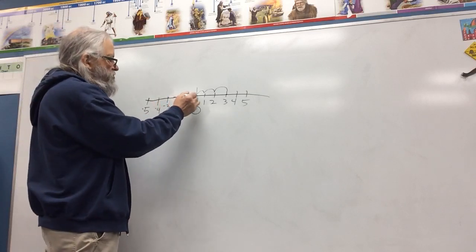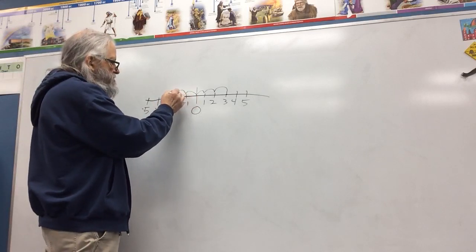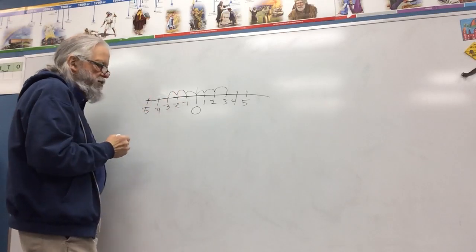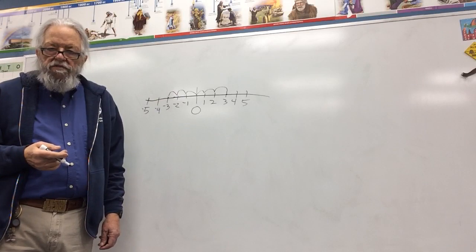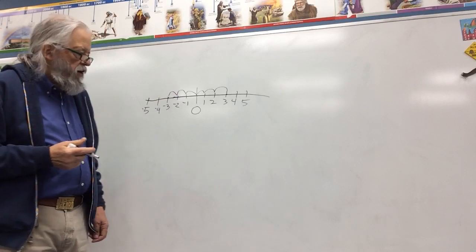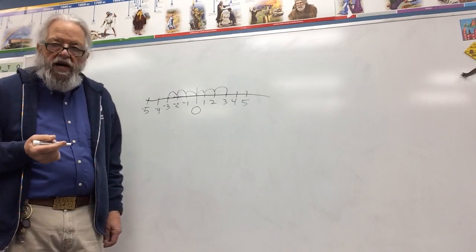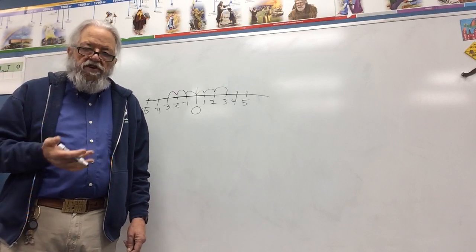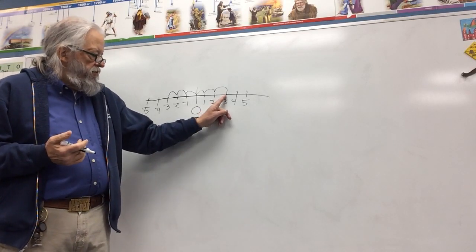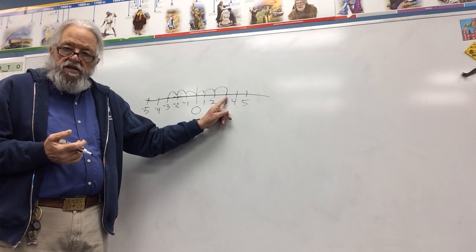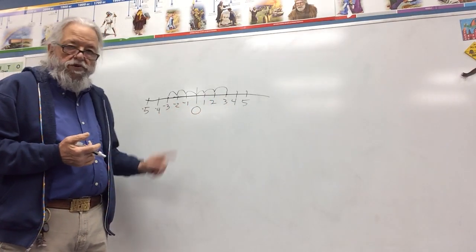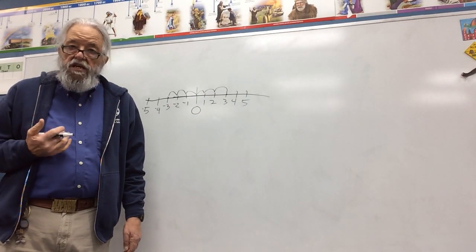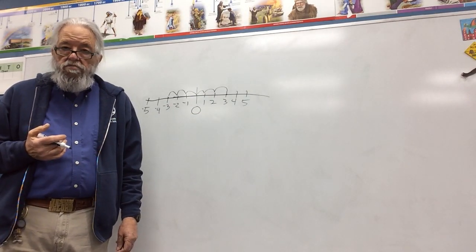Now, I've got -3. 1, 2, 3 units, 3 steps, 3 jumps, whatever. Okay? So, if I'm talking about their distance from 0, +3 is 3 away from 0. And -3 is 3 away from 0.